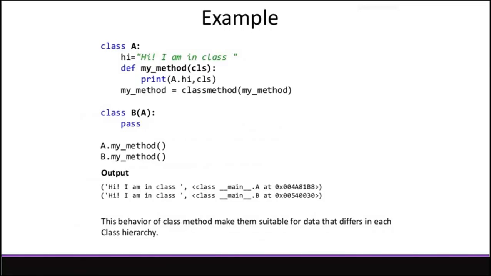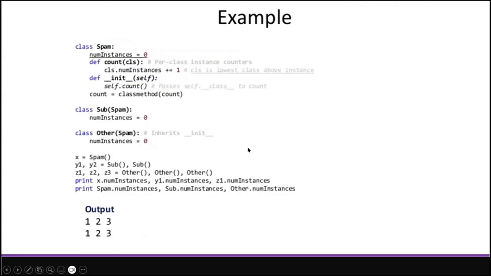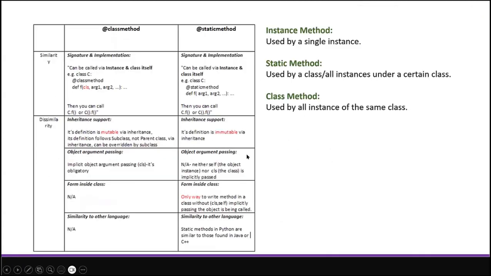Here you define a method and you can make it a class function. So in the class design, you may have class method, static method, and instance method, at different levels. There is a comparison right here.